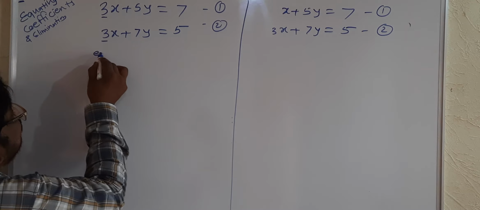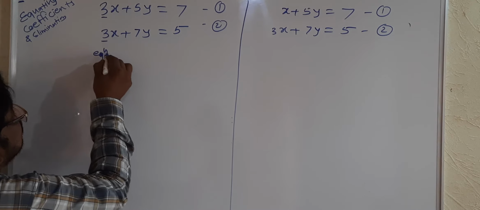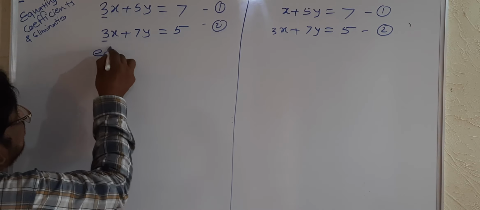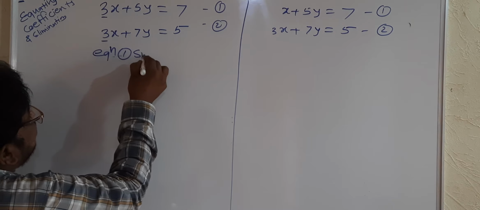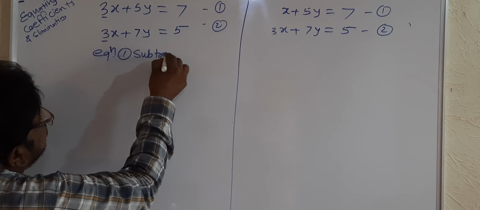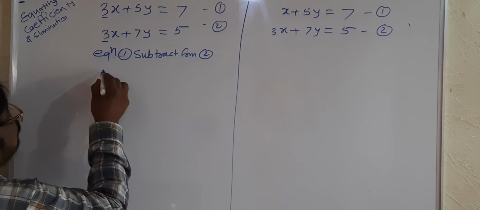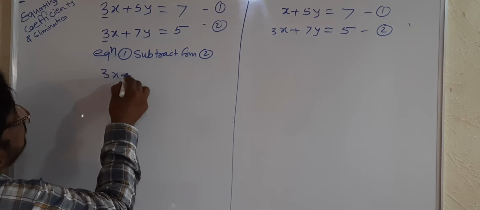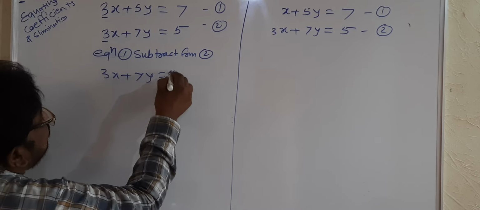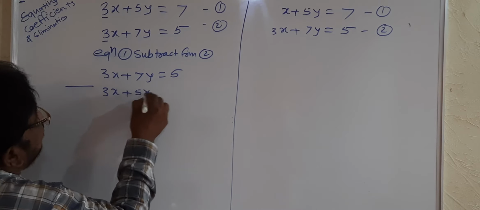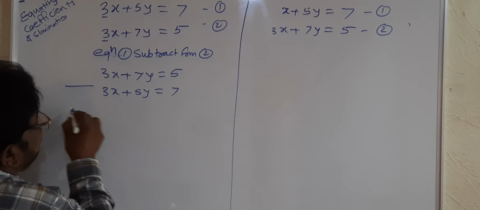So equation 1 subtract from 2. So 3x plus 7y is equal to 5 minus 3x plus 5y is equal to 7.